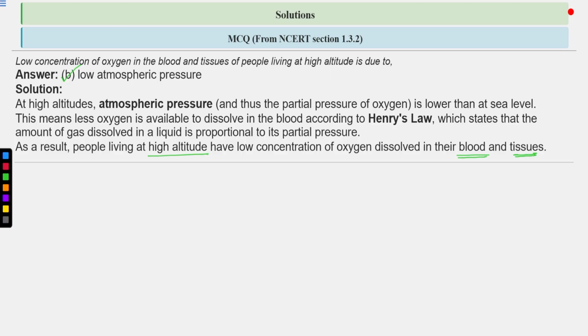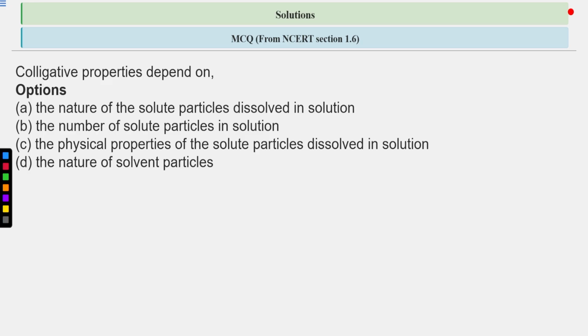Okay, let's move on to the next one. This question is an MCQ, and we have taken this from NCERT section 1.6. The question says that colligative properties depend on... So you have to tell on which of the following factors given in the options the colligative property will depend.